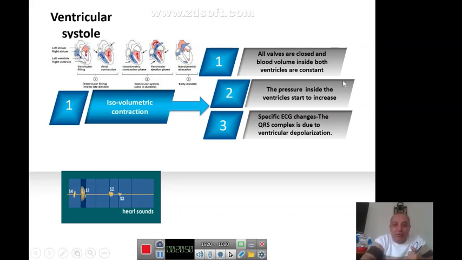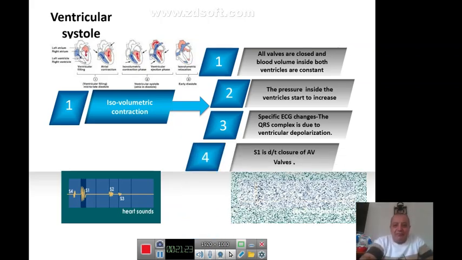So all valves, as we mentioned, are closed, so the pressure inside the ventricles will start to increase to maximum compared to the aortic and pulmonary artery. Specific characteristic is the QRS complex. If you remember the ECG events, we have P wave and then we have Q down or negative, then we have R, and then we have S. So this QRS complex corresponds to the depolarization in the ventricles.